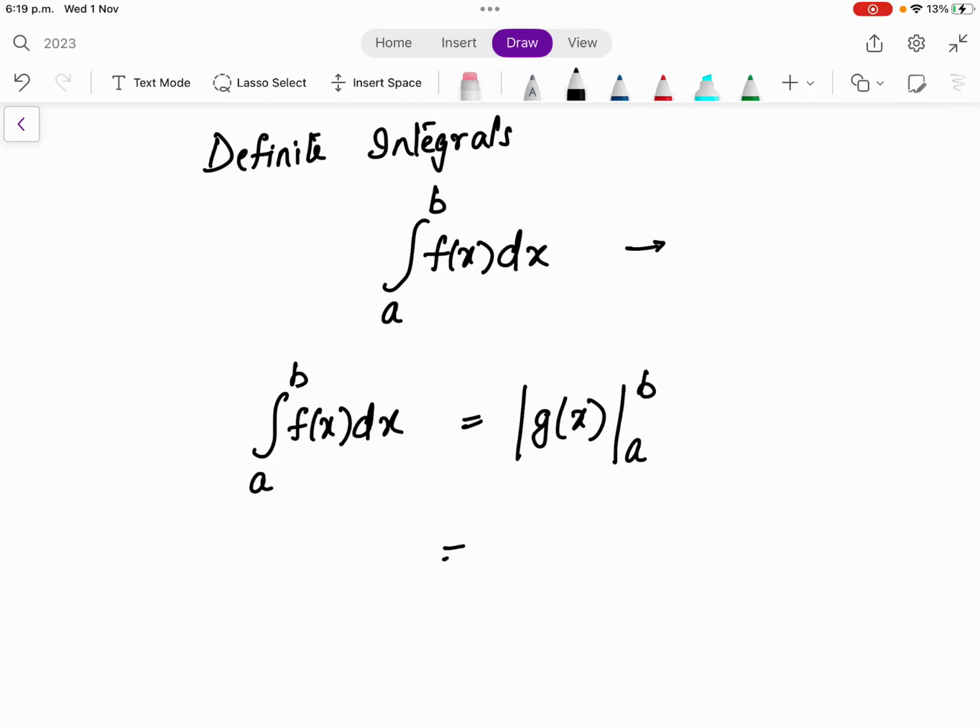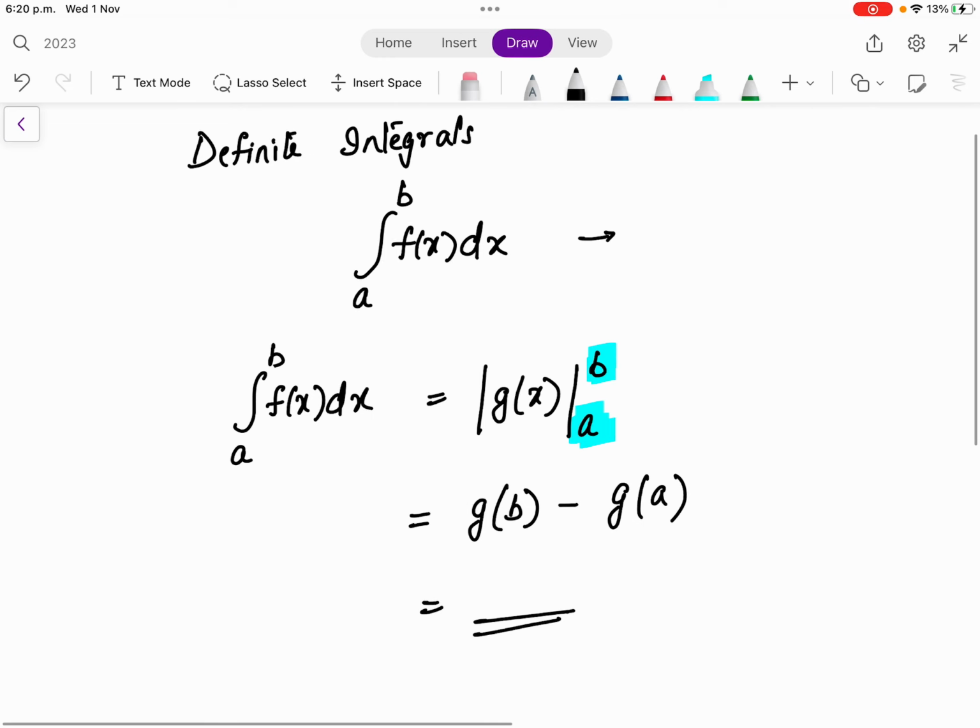You first sub in the value of b into that function, g of b, then subtract g of a, the second value. Once you simplify this, you will get a numeral, a definite answer, so that is why it is called a definite integral.